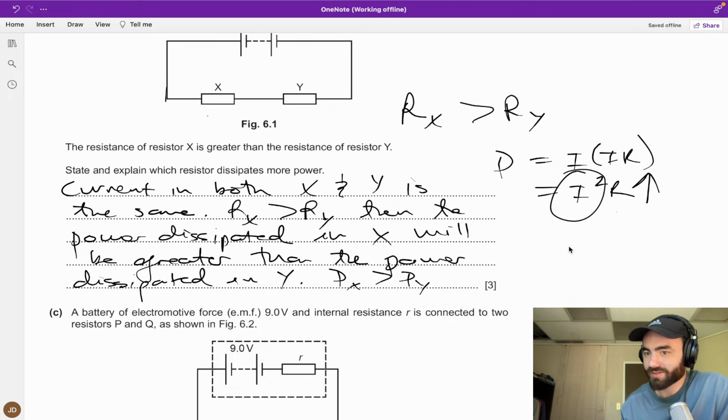If the resistance of X is greater than the resistance of Y, well then the power of X will be greater than the power of Y because they have the same current.